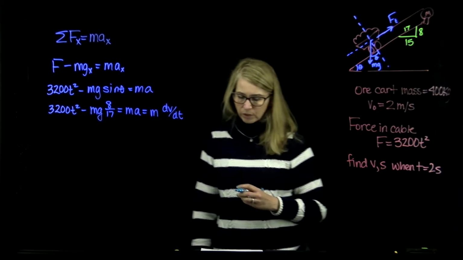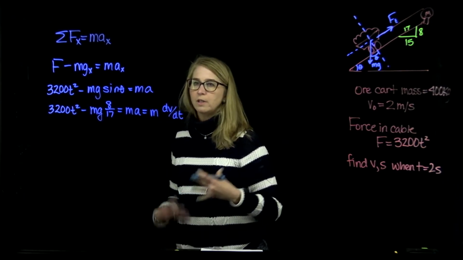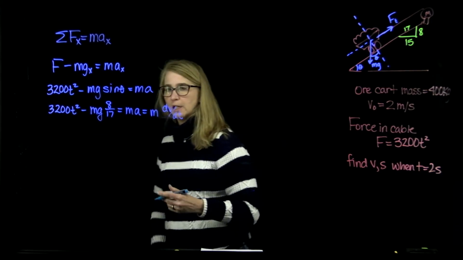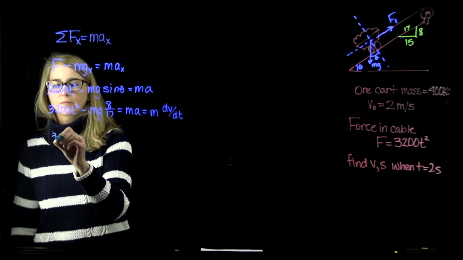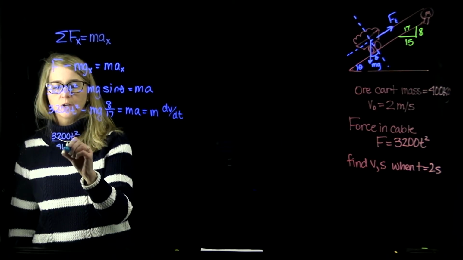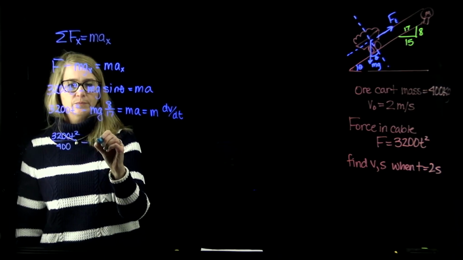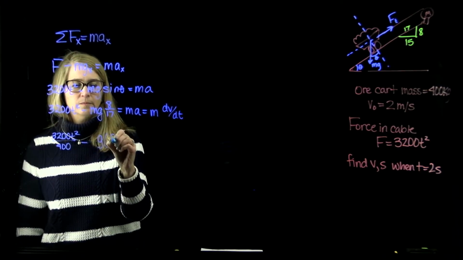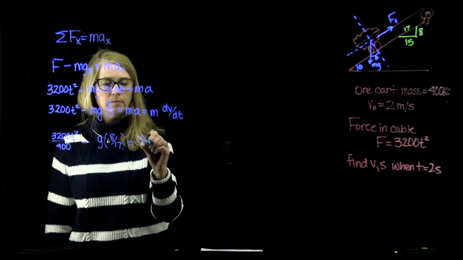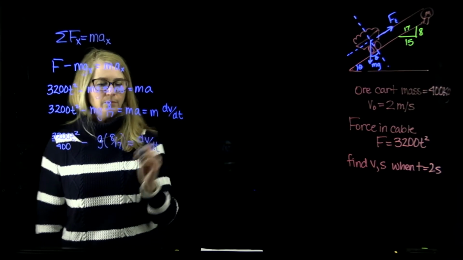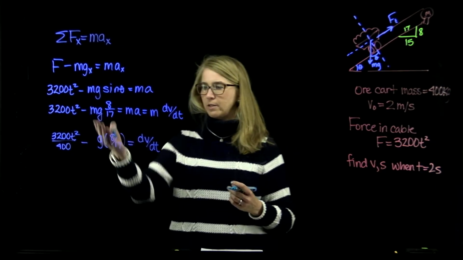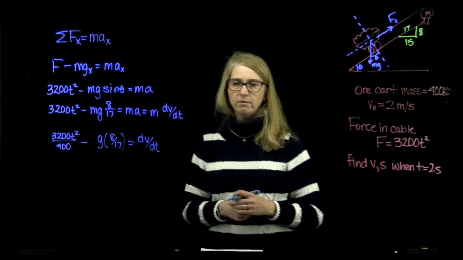So I'm going to divide by the mass, so I have an expression for dv/dt. The mass, of course, is 400. For the second term, because it just had the mass in, I just divided by the mass and got rid of it.